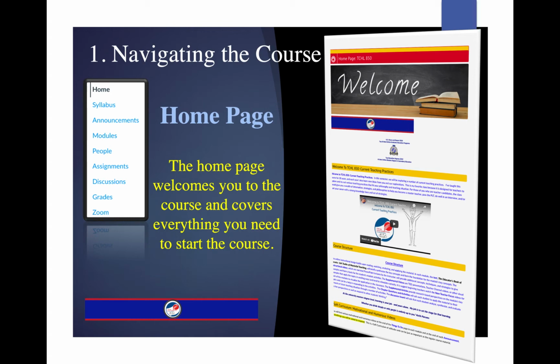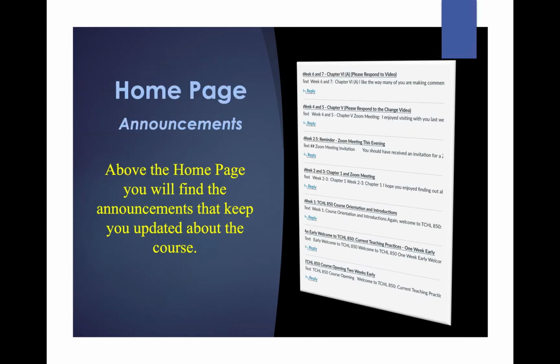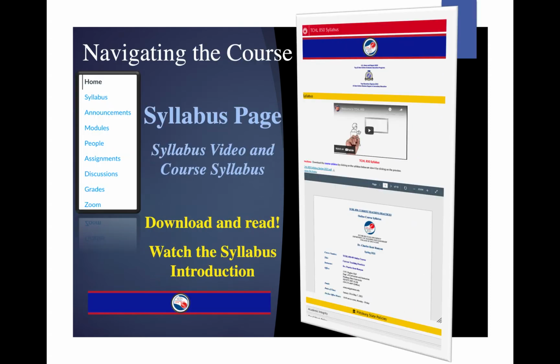So look it over. The home page will also, at the top, as we progress through the course, have your announcements as they appear. You can click on those and you'll see all the videos, the pictures, and the like. Sometimes you'll get it by email and you can't see the colors and the videos, the things that are posted in its entirety. So check out the announcements on the home page.